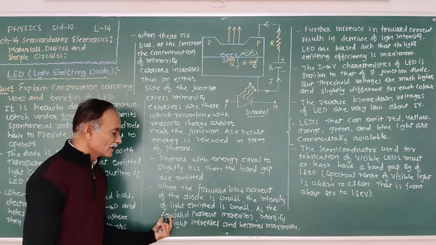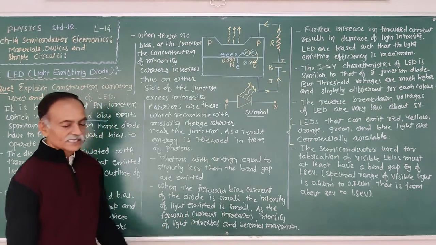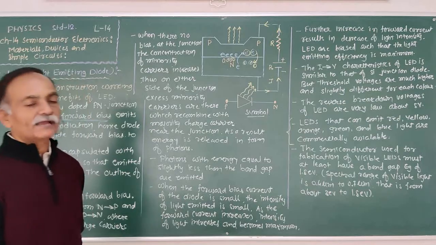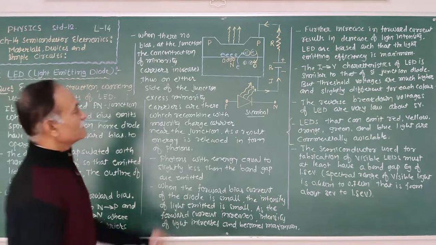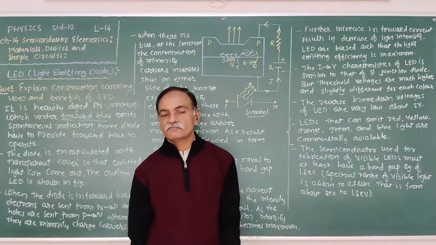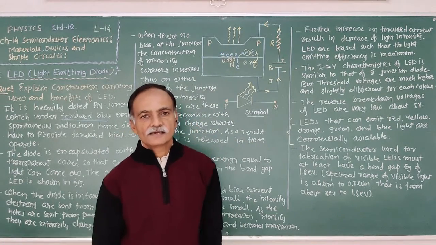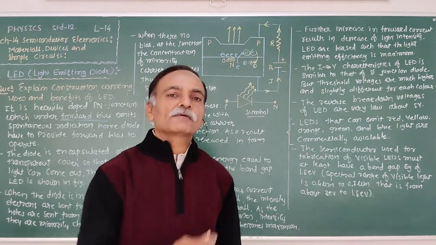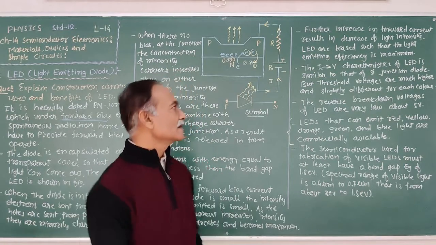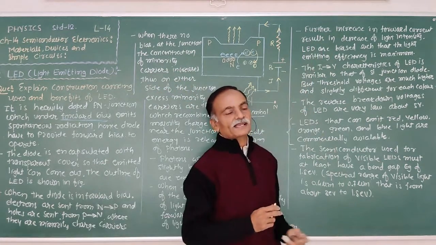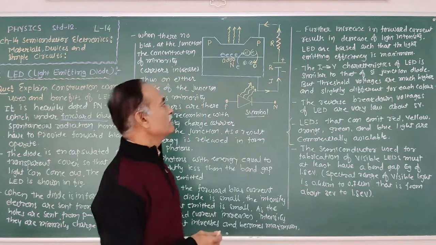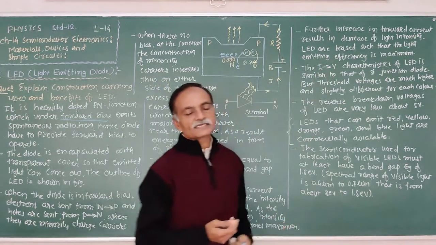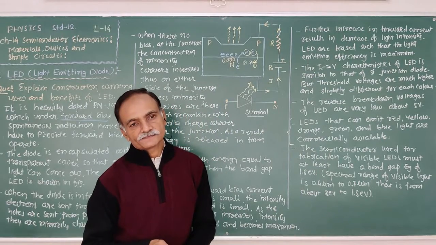As the forward current increases, the intensity of the light also increases and becomes maximum. After that, with a further increase in forward current, the light intensity decreases. The LED is biased so that we obtain the maximum emitting efficiency.